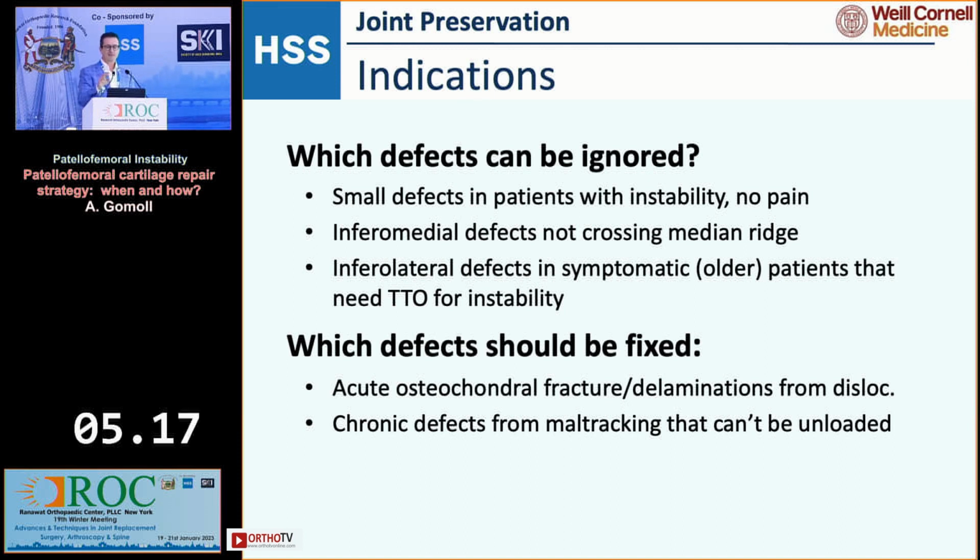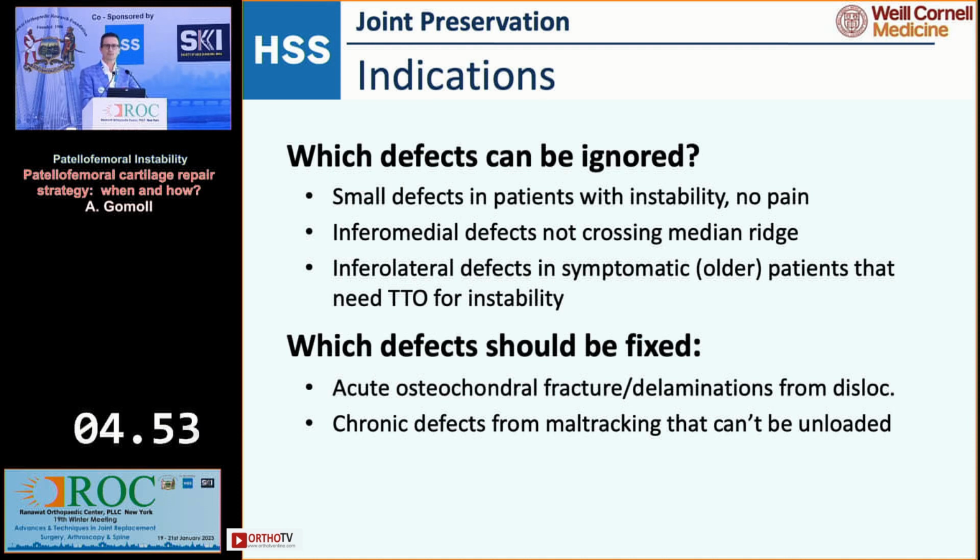And then if I see an older patient, maybe they are a chronic maltracker, and they have an infralateral defect, and we've decided that they need a tibial tubercle osteotomy anyways to unload them or for their instability. TTO unloads infralateral patella facet, so those defects oftentimes can go ignored and patients still do well.